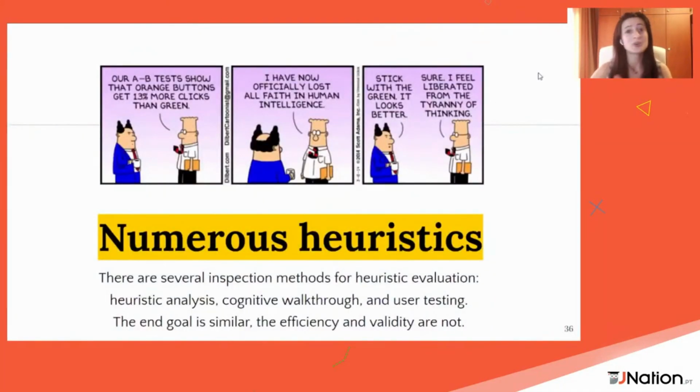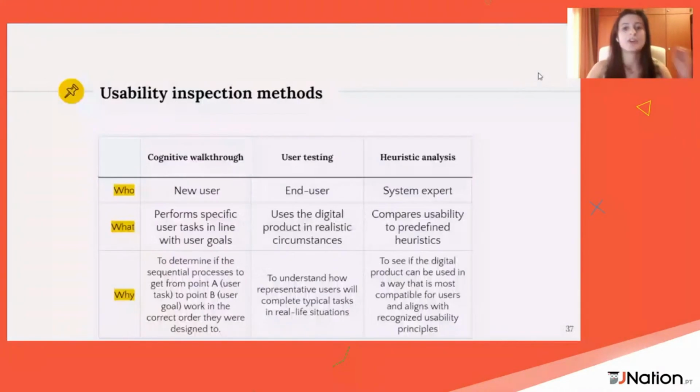There are numerous heuristics, but we are only going to focus on some of them. This is because although the end goal of all those heuristics may be similar, maybe the same, the efficiency and the validity are not. So there are a lot of heuristics, as I said, and a lot of inspection methods. Some of them you can see on this table. So you have the cognitive walkthrough, the user testing, and the heuristic analysis.